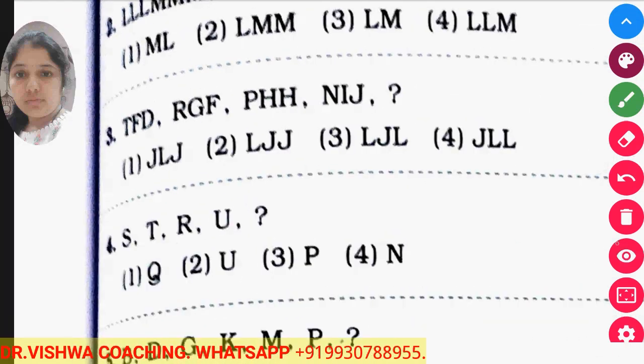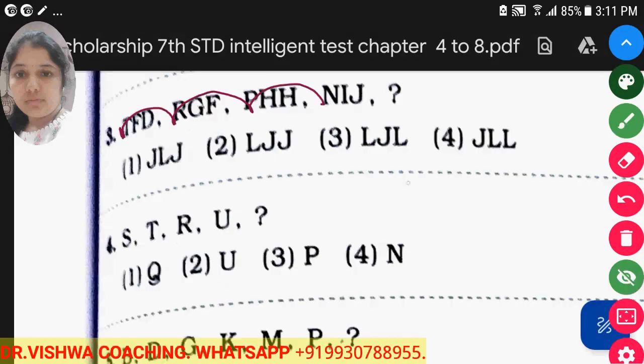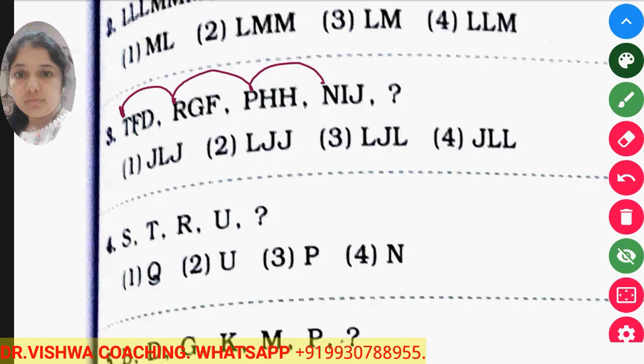T F D, R G F, T H H, N I J. Now here you have to think like this: first letter of this group, first letter of the next group, then the next group, then the next group. So you have to think of the first letter of each group. Then think of the second letter, then the third letter.